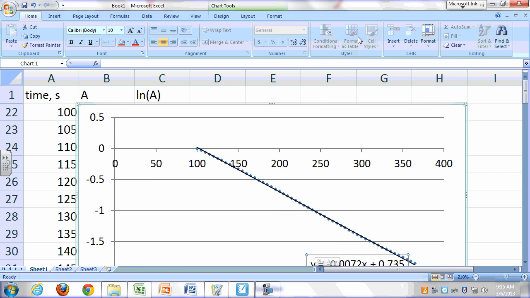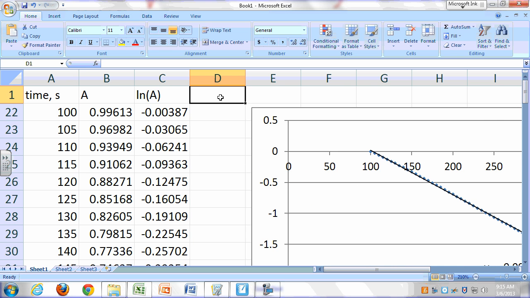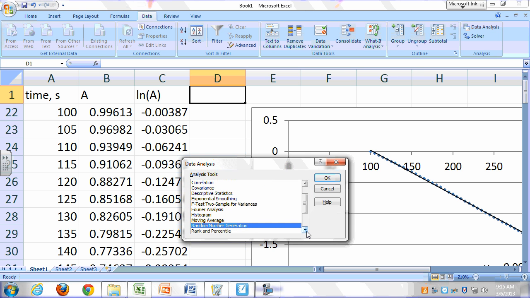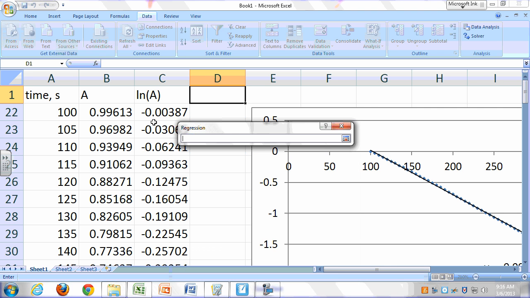Let's do a regression on this one. That way we can get the right sig figs. How do you do regression? Data analysis, regression. Y values would be ln of A, right?